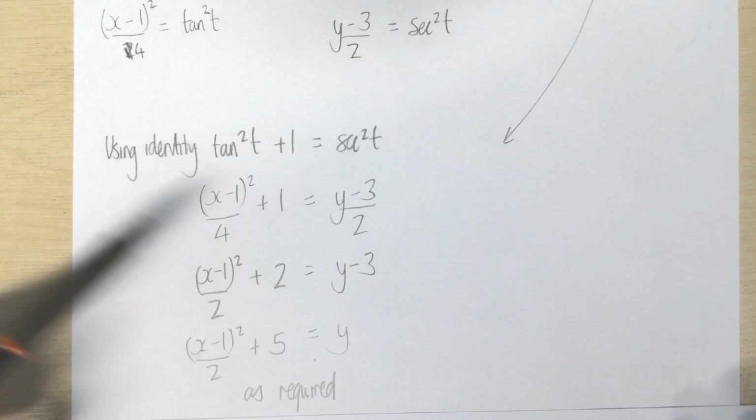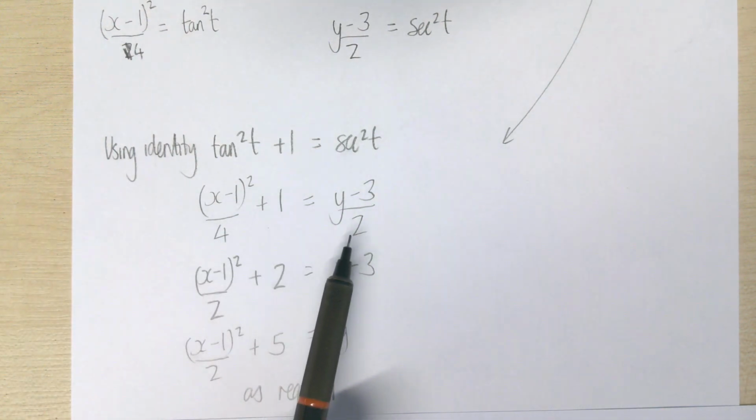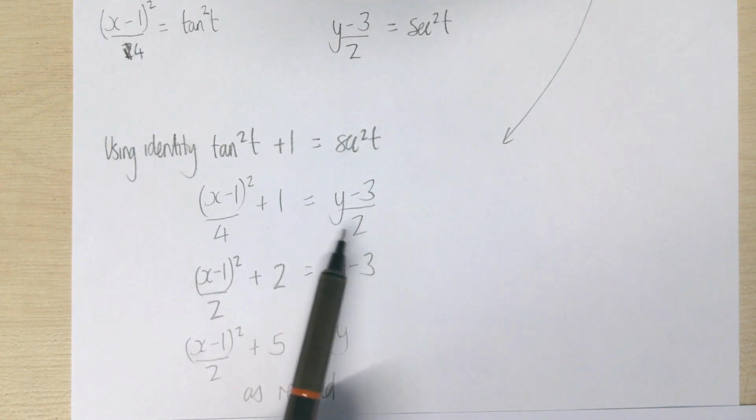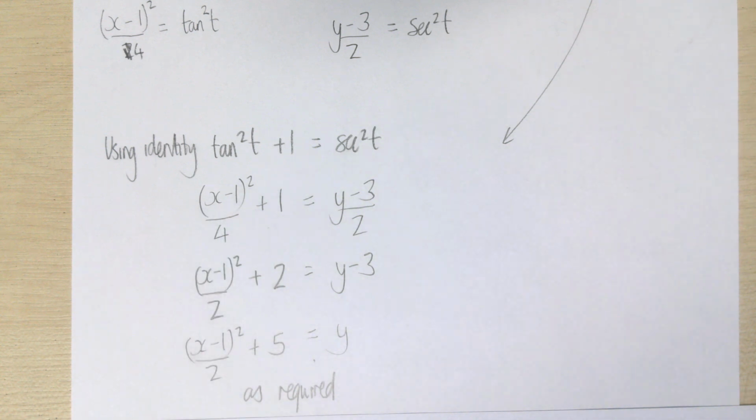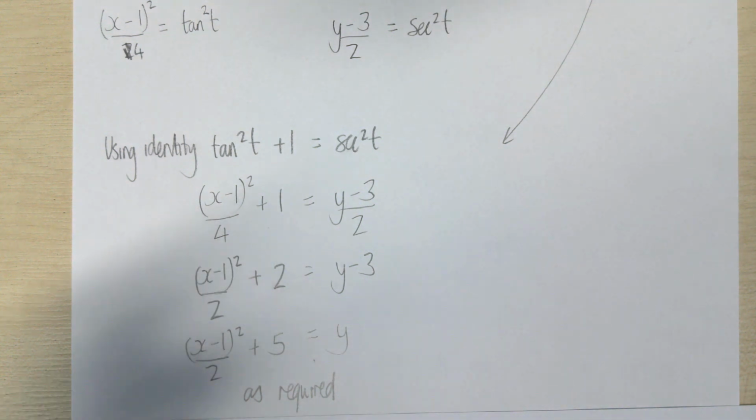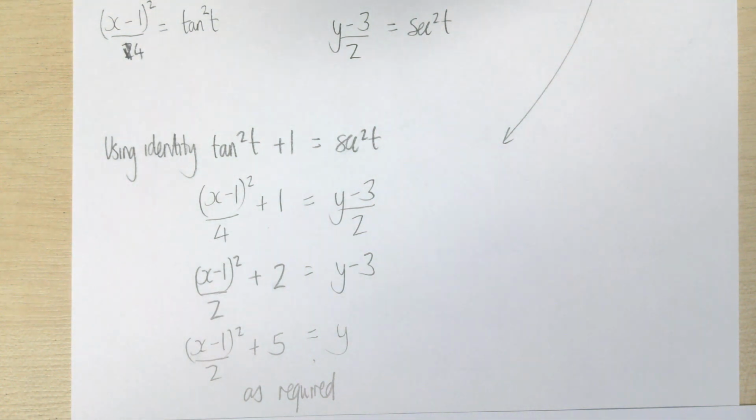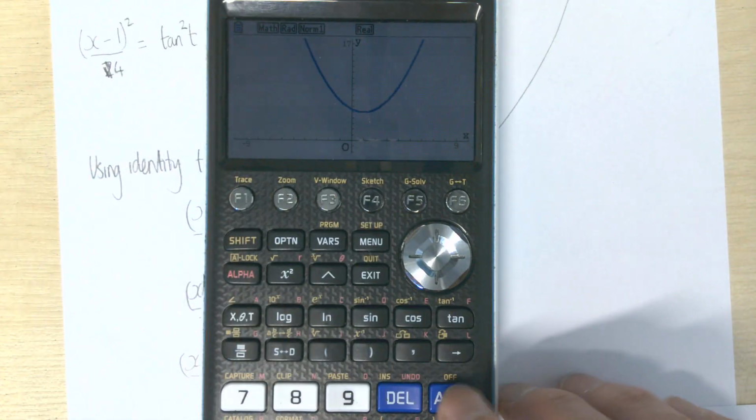So I started by doubling everything, which killed that fraction. So that became 2. And if you double a quarter, you get a half. And then I just added 3, and we got what was required. Okay, I then sketched that function, and I did it on my calculator, so there we go.